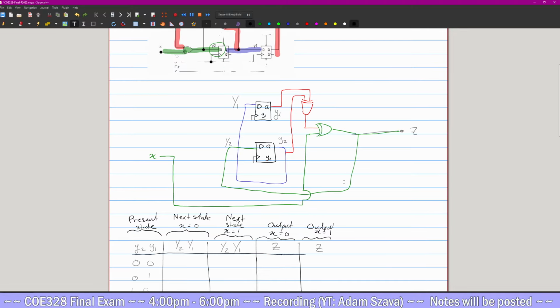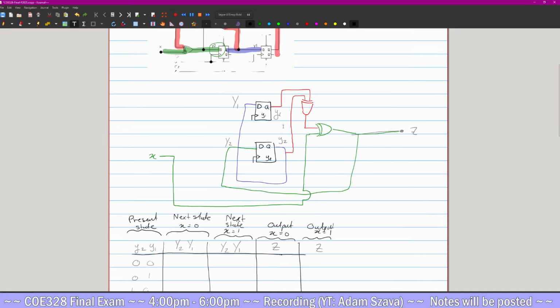If we look here, our output depends, of course, on the present state, because that's the whole red segment. That's why I colored it all one color. But this specific green wire tells us that the output Z also depends on X. Without clocking, if I change X, then the output changes.